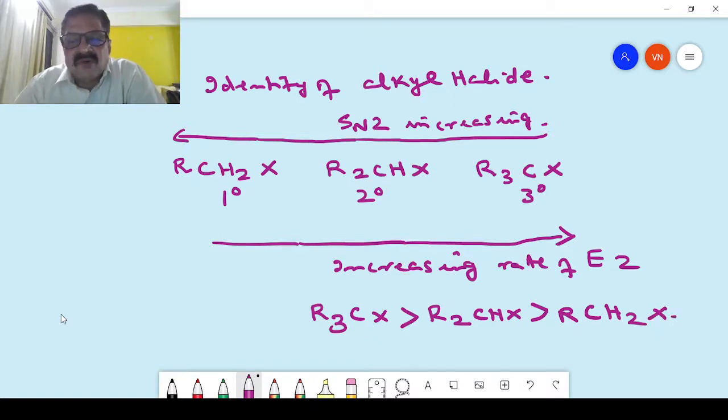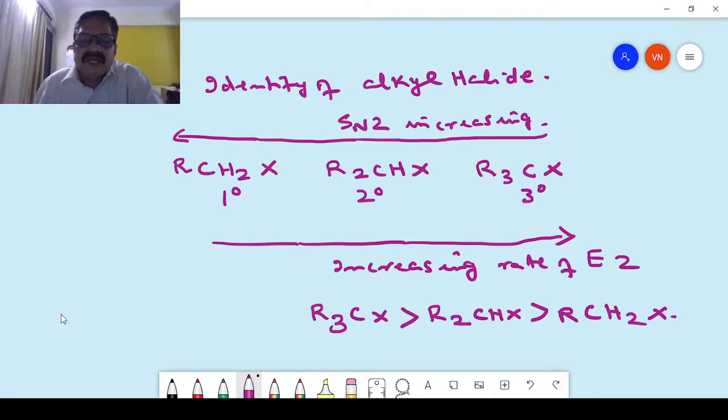The most important point is that in the case of SN2 and E2, even though there are many similarities, the differences are also equally there. As the number of R groups on the carbon atom with the leaving group increases, the rate of the E2 reaction increases. In the case of the SN2 mechanism, it is the other way around: as the number of R groups on the carbon atom with the leaving group increases, the rate of the SN2 reaction decreases.